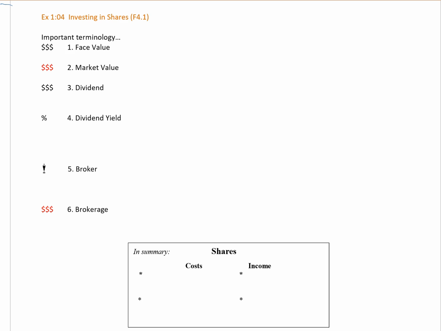There are, as you will see in your notes, the face value is often referred to, and that was the original value of the share. So when shares originally are floated on the market for sale, they're done so with a given amount.